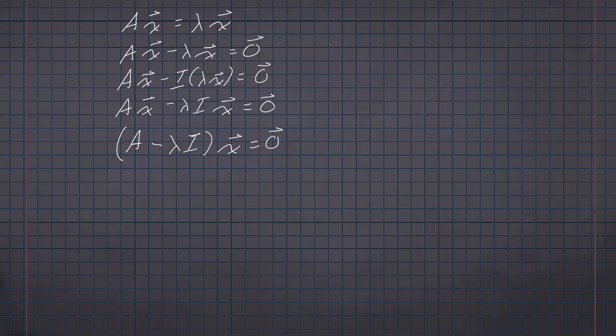In the huge list of equivalencies, one of the entries is that any matrix B times X equal to the 0 vector has non-trivial solutions if and only if all the other stuff is true.